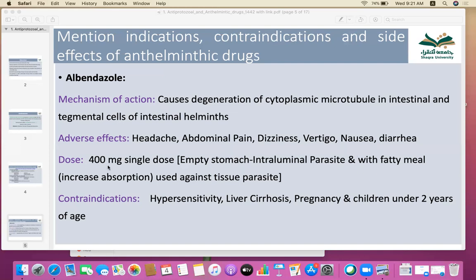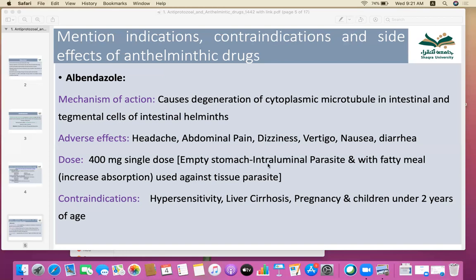The dose is generally 400 milligram single dose, and it should be taken on an empty stomach. And what is the benefit if the patient takes it on an empty stomach?